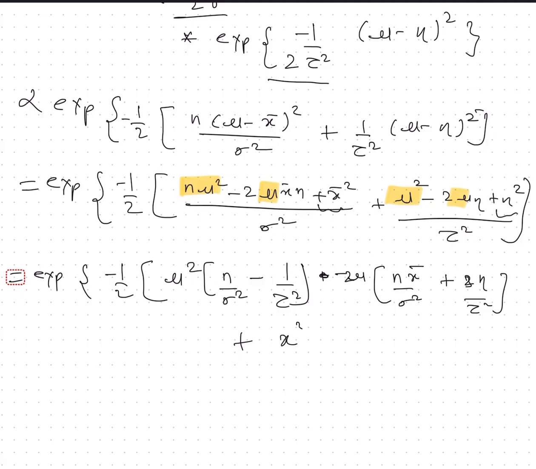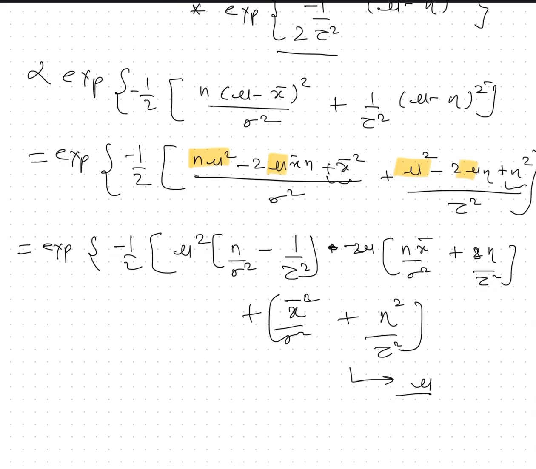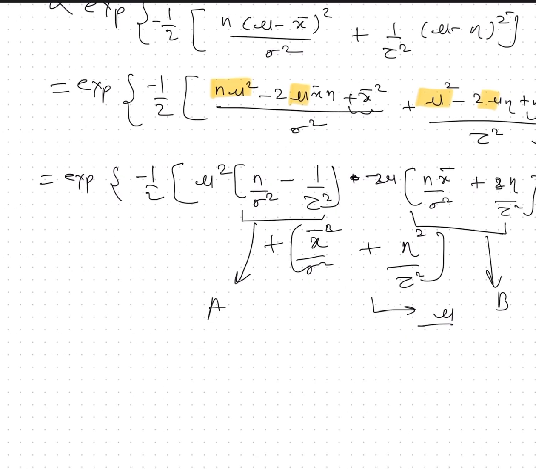So let's start with x bar square upon sigma square plus mu square upon tau square. Now these are the constant terms which are independent of mu, so we can write this as a constant, or simply ignore this. For the sake of convenience, we will substitute these two terms with, let's say, a, and this one with b.